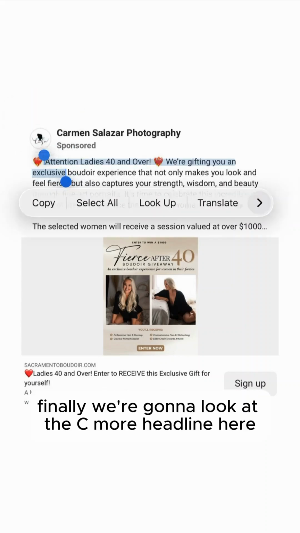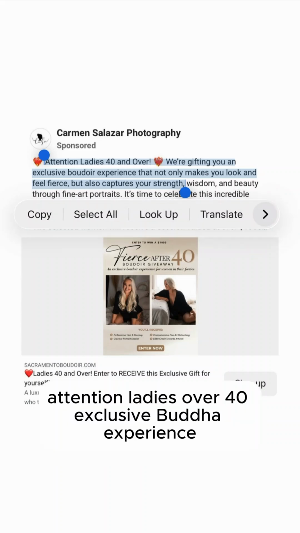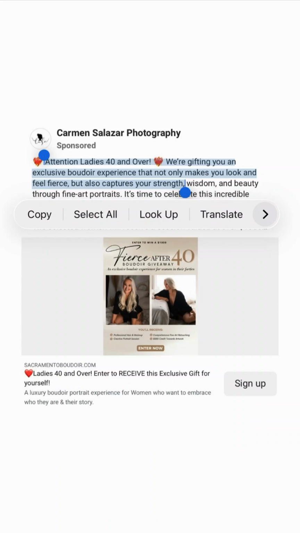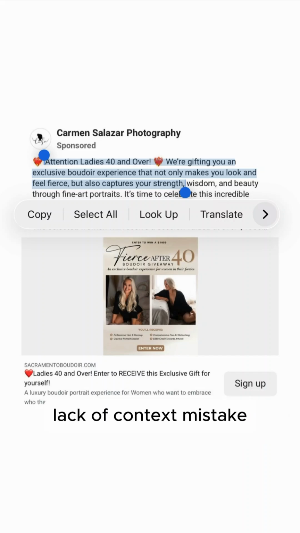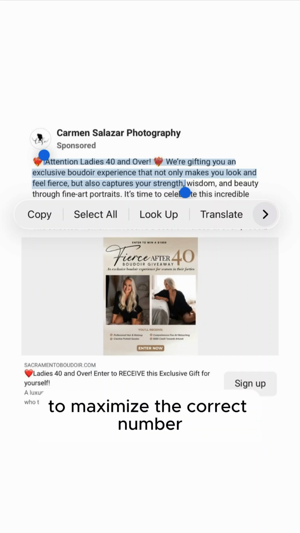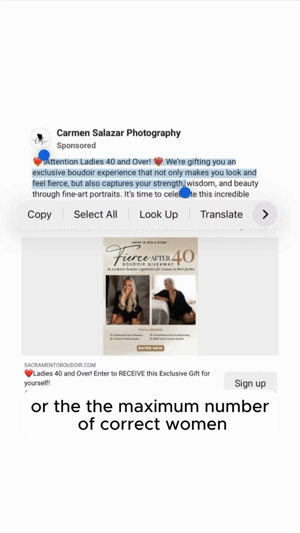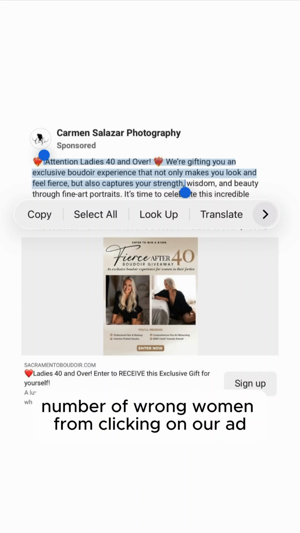Finally, we're going to look at the see more headline here, first 2 3/4 line, Facebook mobile newsfeed. Attention ladies over 40, exclusive Boudoir experience. Okay. All right, so yeah, we got some context here, but again, lack of context mistake. We're not having the optimal amount of context to maximize the number of correct women while turning away the maximum number of wrong women from clicking on our ad.